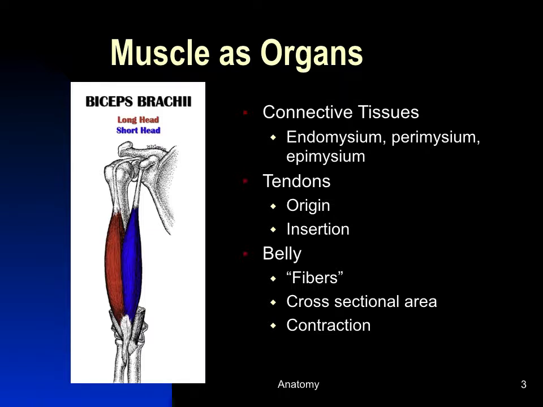Groups of cells are bundled in a slightly thicker connective tissue called a perimysium. If those groups of cells contract together, they're generally in the same bundle of perimysium and might be part of the same motor unit. And then entire muscles have connective tissue wrapped tightly around them called the epimysium.